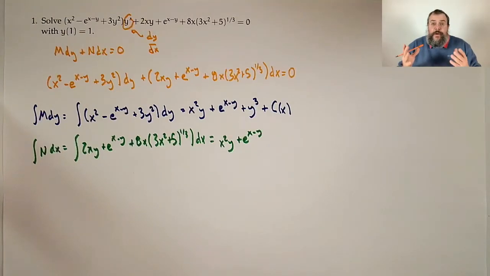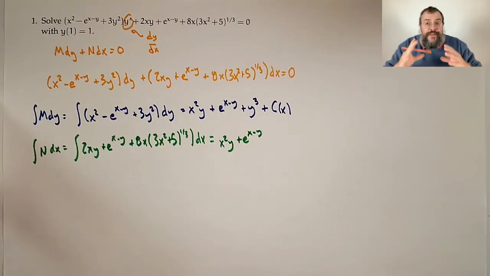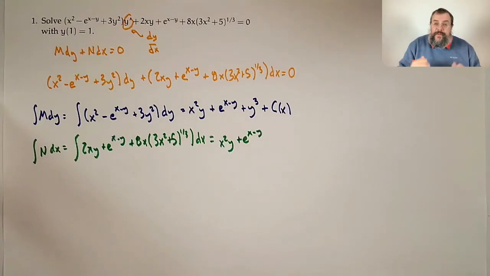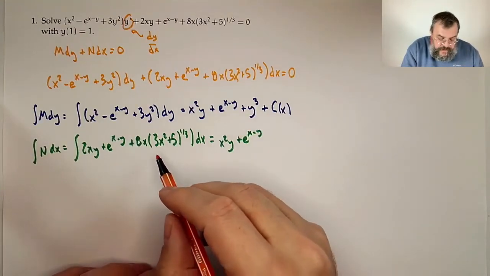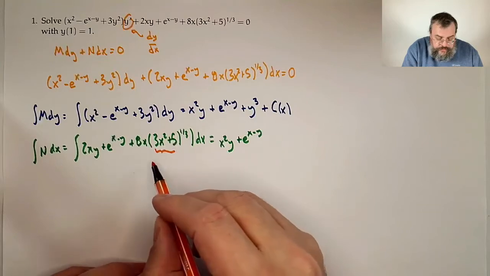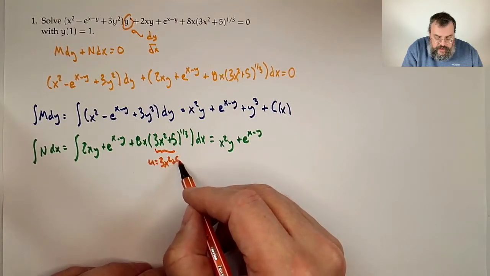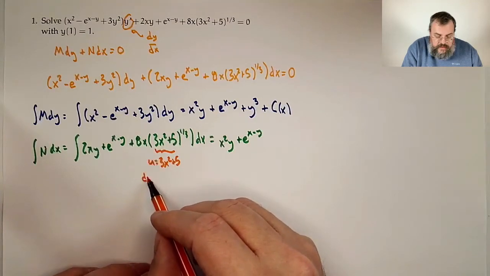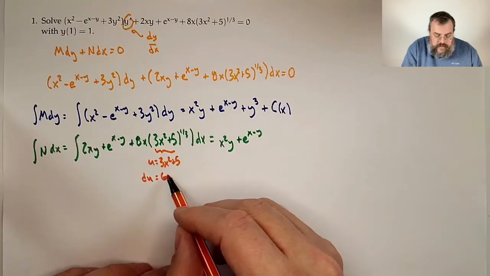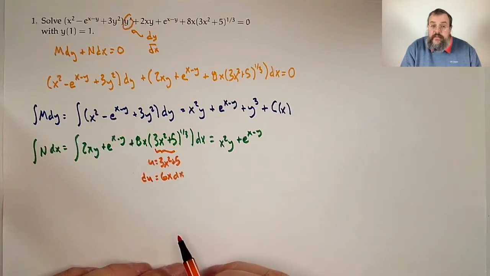Now in this case, when you think of substitution, you say, all right, look for something on the inside. Substitution is an inside job. So there's a candidate here. We're going to let u be the inside, 3x squared plus 5. Then du would be 6x dx.